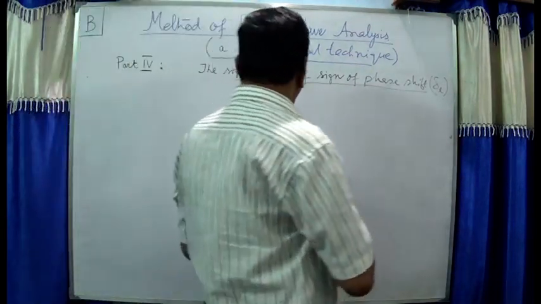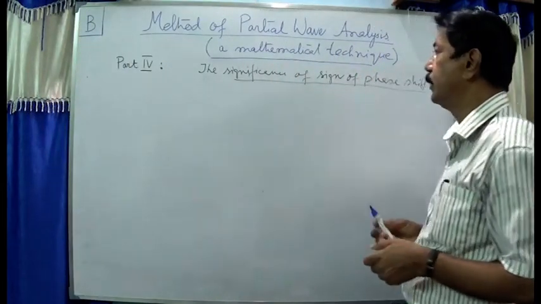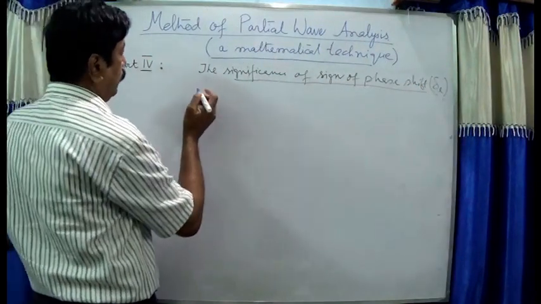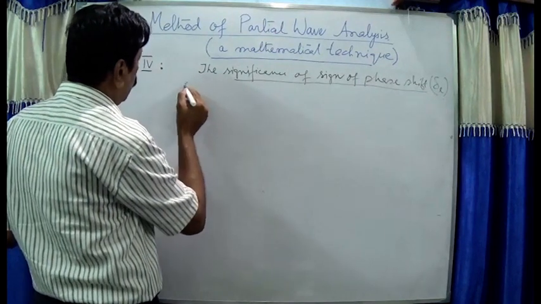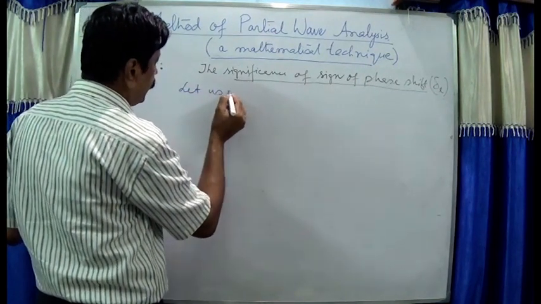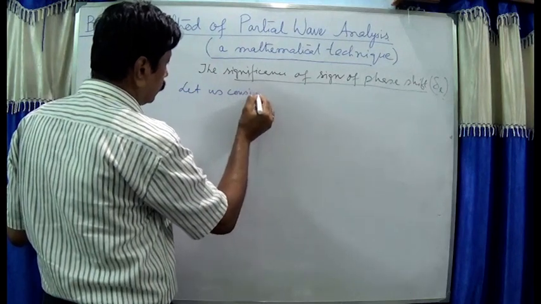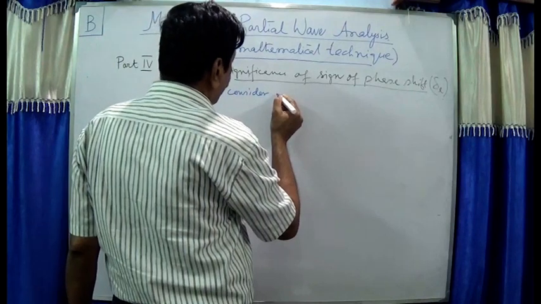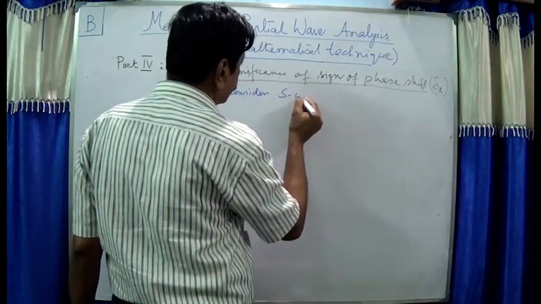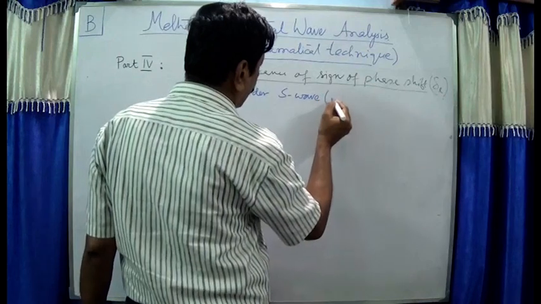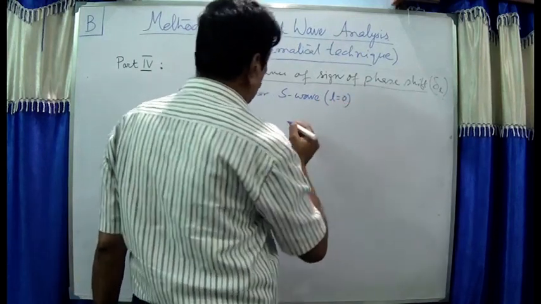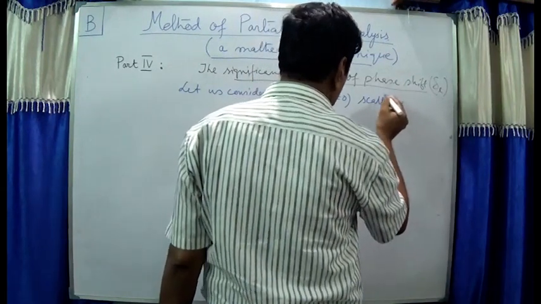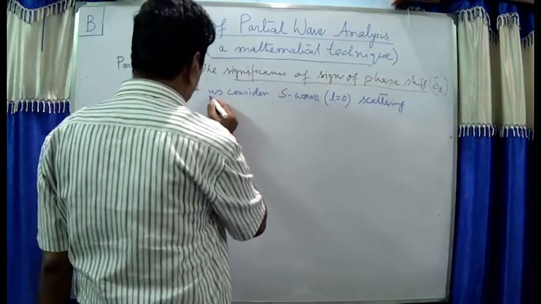Now, for this point of discussion, we shall confine our attention to the case. So, let us consider S wave, that is L equal to 0 scattering, with L equal to 0 value.